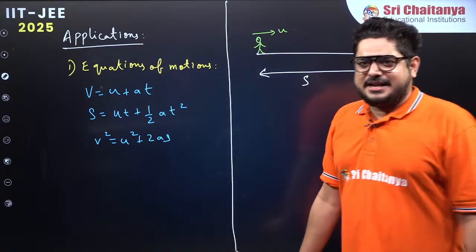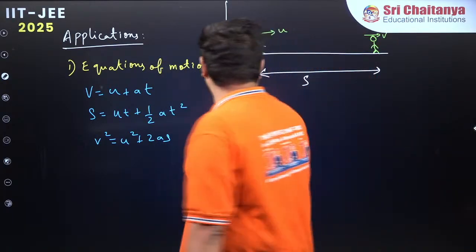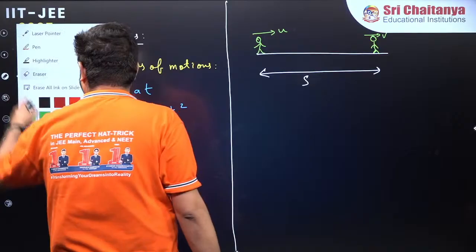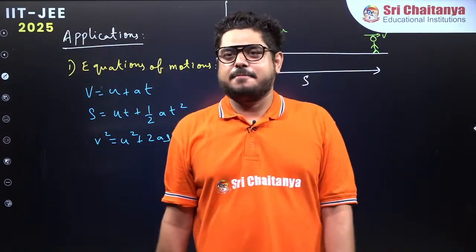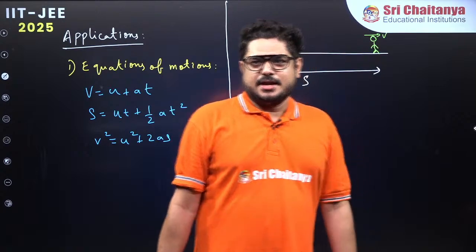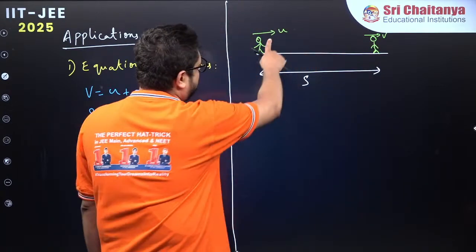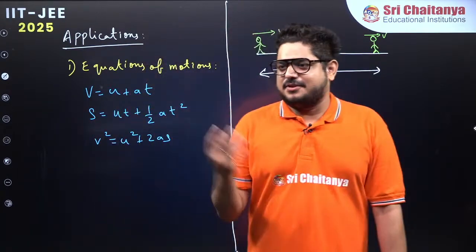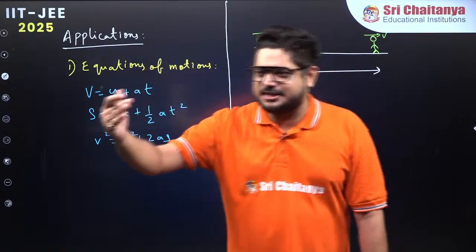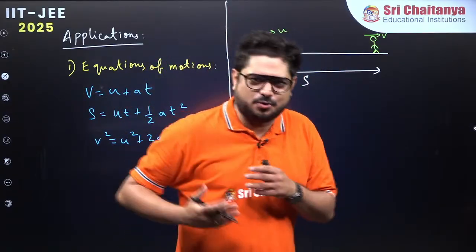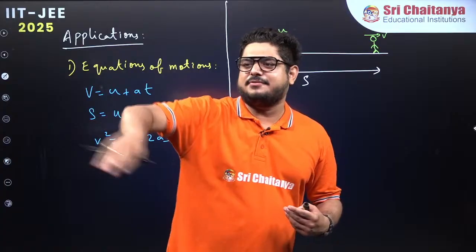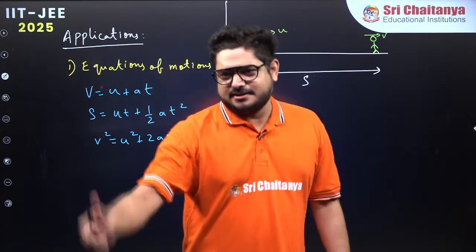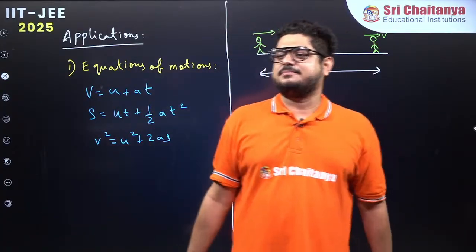So now we need to derive these three equations of motion, everyone. We need to deduce the three equations of motion. Obviously you can see that the velocity is changing. Initially it was u, after that it's becoming v. Those who are able to see that the velocity is changing can give a thumbs up in the chat box.